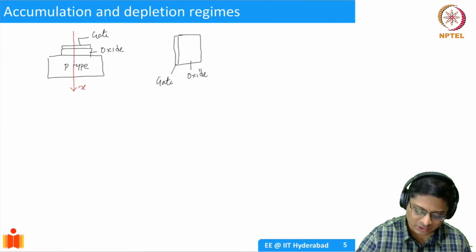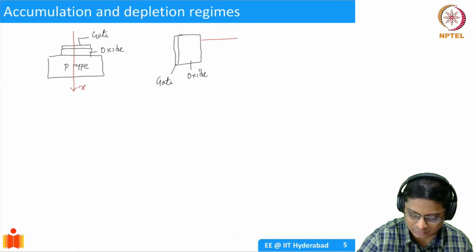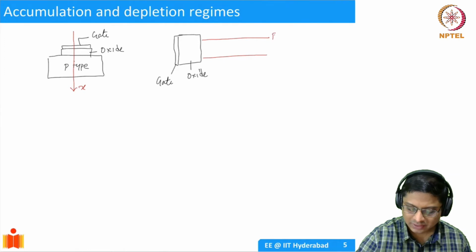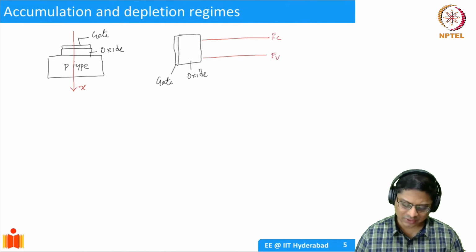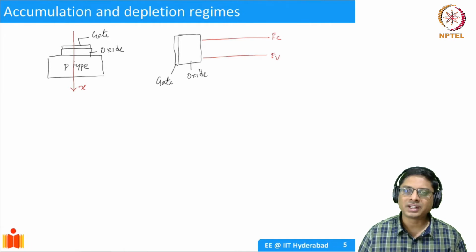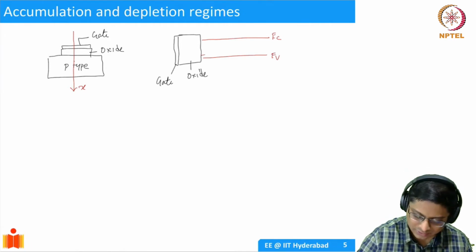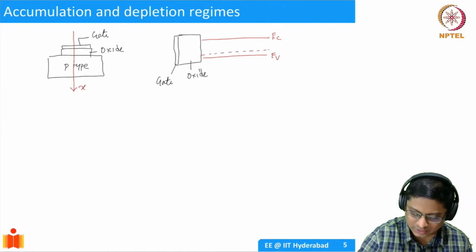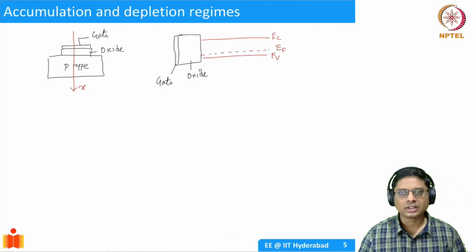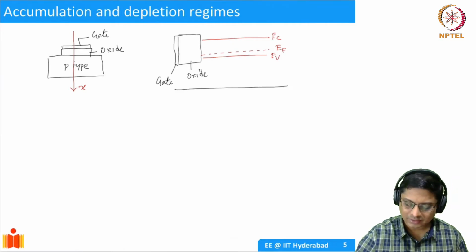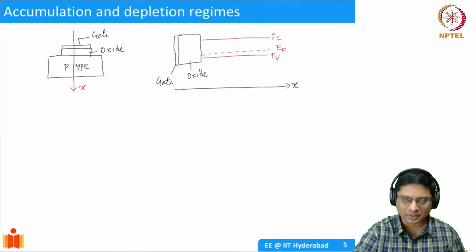So I'll draw the bands of a semiconductor. This will be my EC, EV, and then there is a Fermi level. Where is the Fermi level for a P-type semiconductor? It should be closer to EV, so there should be a Fermi level here, EF. What I'm drawing is the X-axis, I mean by X from top to bottom.